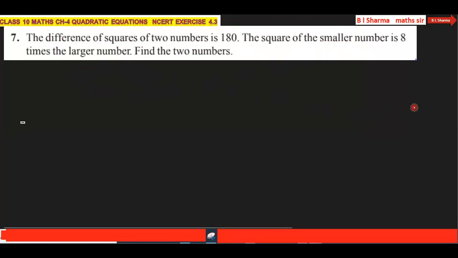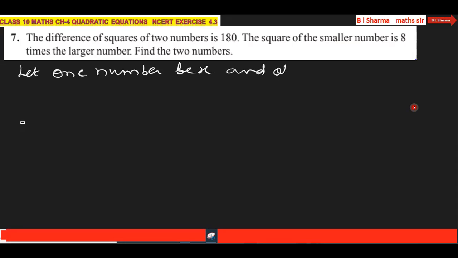देखिए, let one number be x, and other number be y.